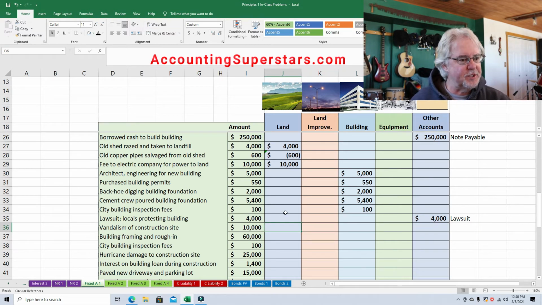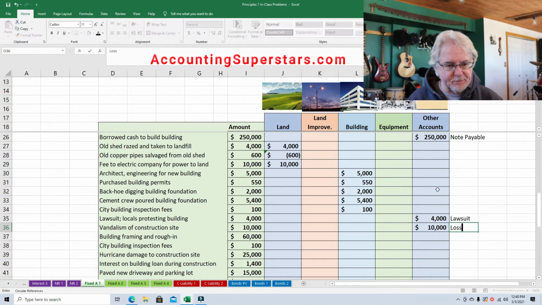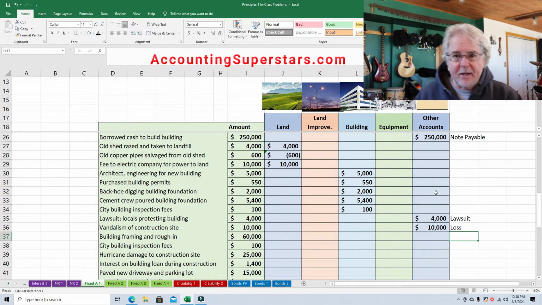Oh, and here's another thing. Vandalism at the construction site for $10,000. And that'll set Fred behind. But what we're going to do is we're going to put that right over here. And let me get the right color. There we go. And what we'll do is we'll probably enter this as some sort of a loss. And a loss is kind of a cousin to an expense.